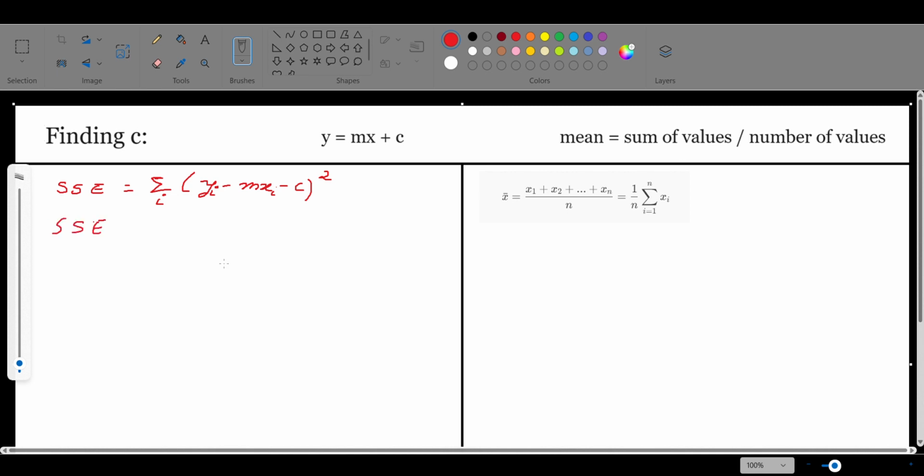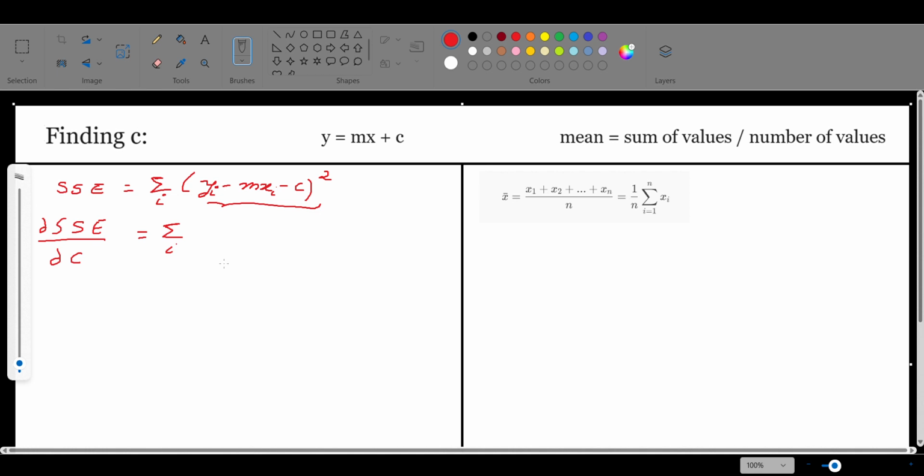So del SSE by del c is equal to, now what's going to happen is you're going to mainly differentiate this term and just sum up those differentiated terms, because each term in the sum is going to be differentiated in the same way, and we had seen that the sum of many terms can separately be differentiated. Now in this term you'll have to use the chain rule.